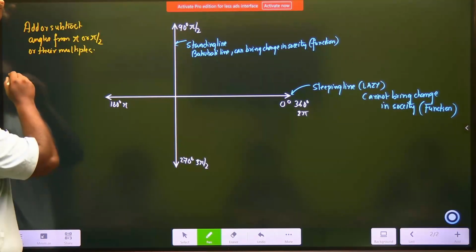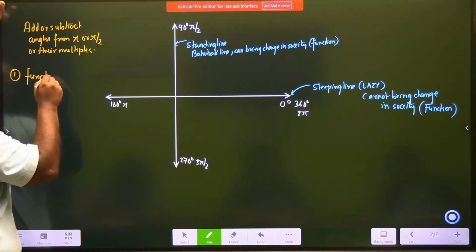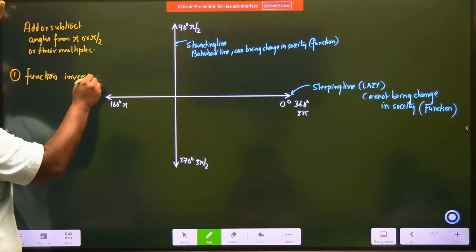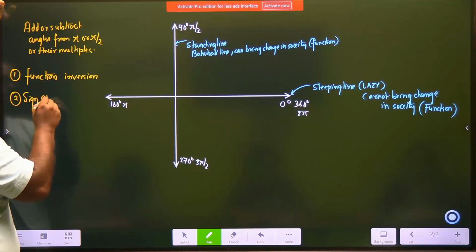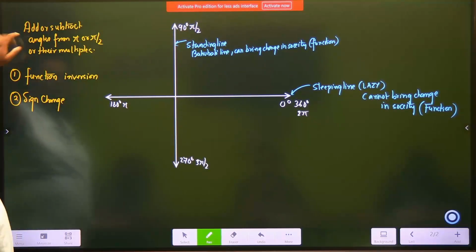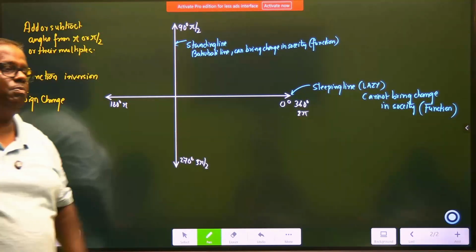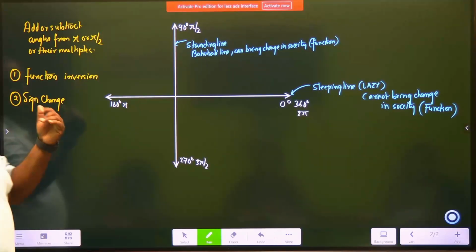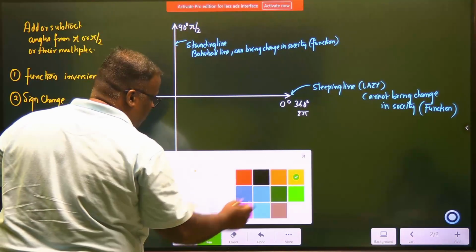Two things happen. One is function inversion, and the second is sign change. Whenever you would be adding or subtracting angles to, suppose, a pi by 2 or a 3 pi by 2 or a 4 pi by 2, 5 pi, whatever it is, there will be a function inversion and a sign change. Let's first understand about function inversions.